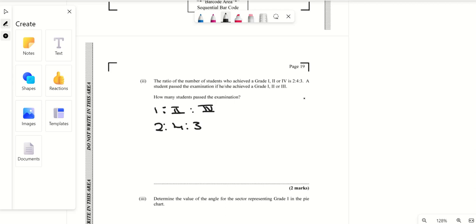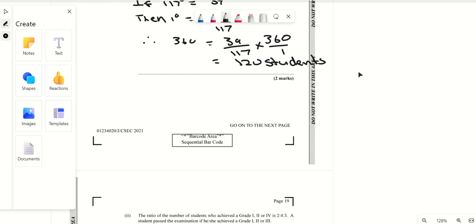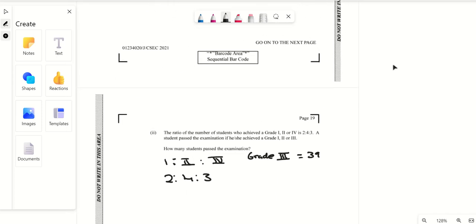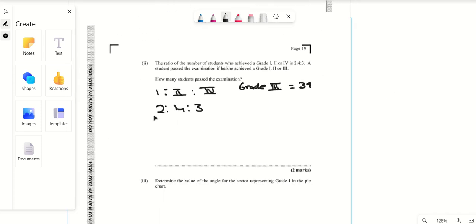Now we already know that grade 3, right, had 39 students. Remember, they told us in the question that grade 3 is equal to 39. So now we need to know how much did grade 1 and grade 2. Now what we know about this question is that our total circle is 360.